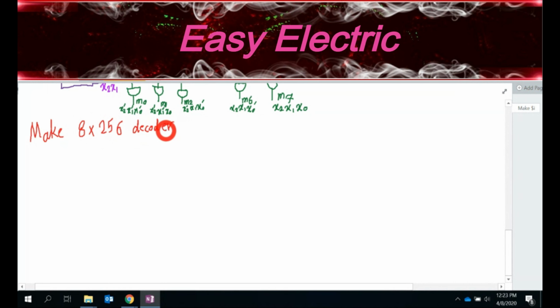The only tools that we have are two decoders, which are 4 to 16.